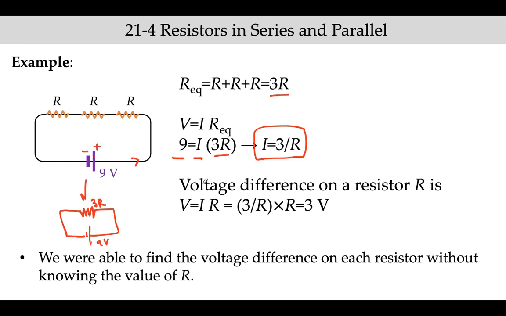Now the next question would be, what is the voltage difference on each resistor? We can calculate it by again using Ohm's law. To find the voltage, you multiply the current by the resistance.